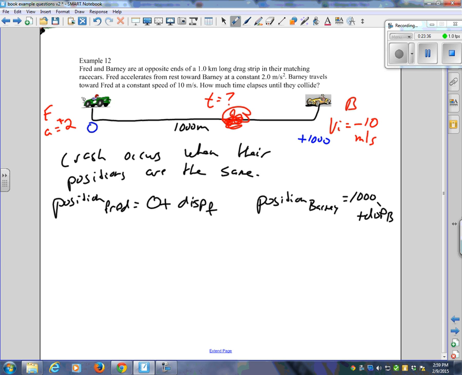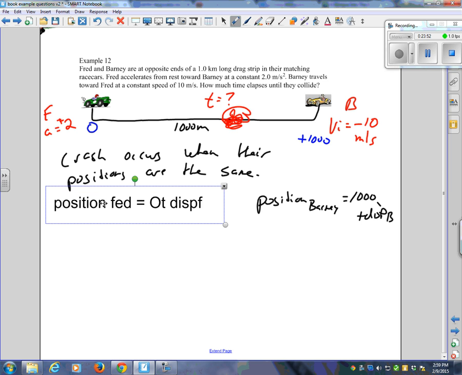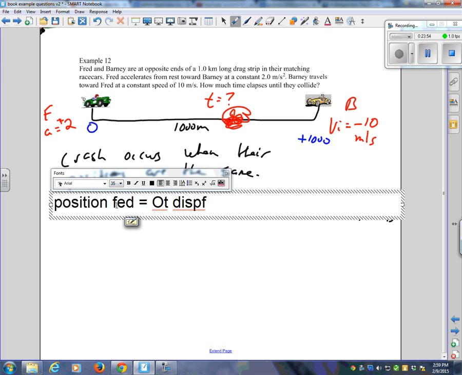So now we got to come up with some sort of formula for this one, and some sort of formula for this one, right? And make them equal to each other. So this says, this is terrible. Can I redo this? Do you want me to redo that? Yeah. That's pretty bad, isn't it? It's pretty close. Position Fred is equal to 0 plus the displacement of Fred, right?